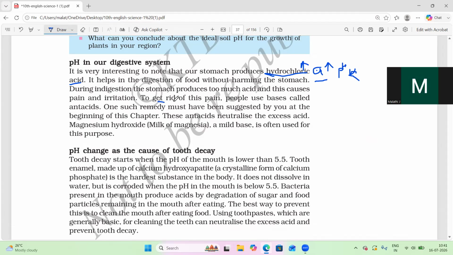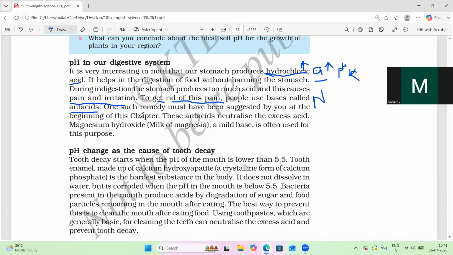To get rid of this acidity we have to use antacids. Why should we use antacids? To remove pain and irritation in the stomach, because they neutralize the pH value in our stomach.